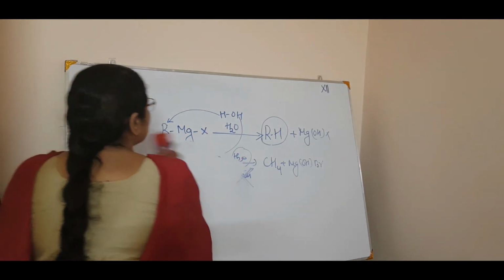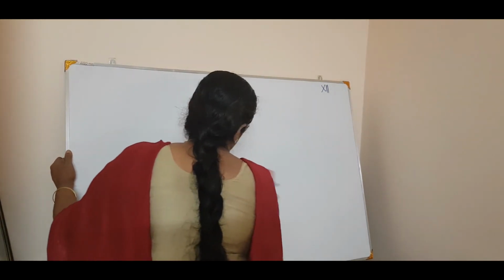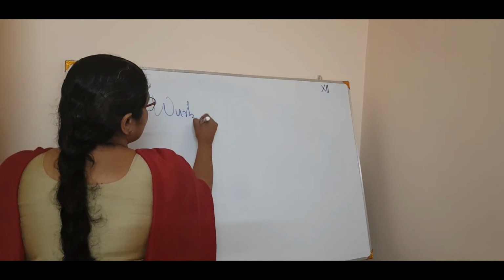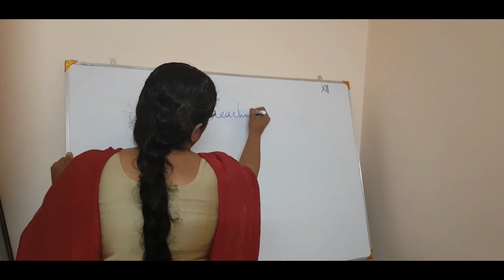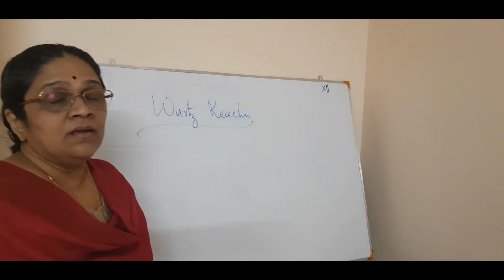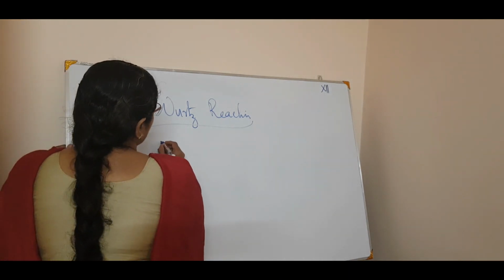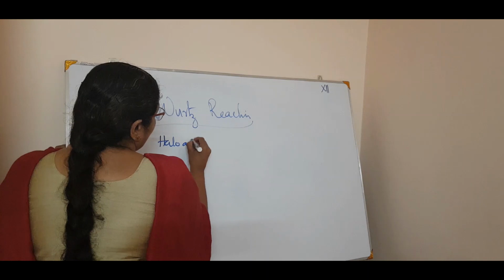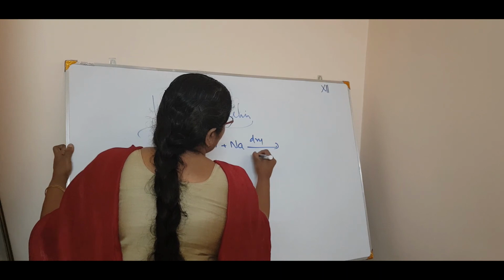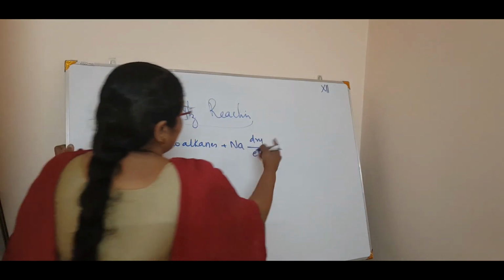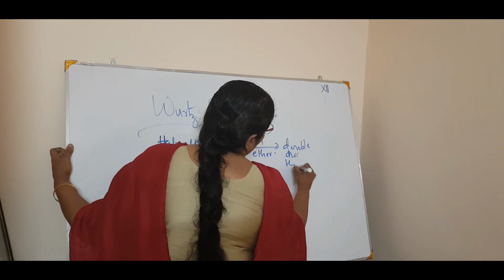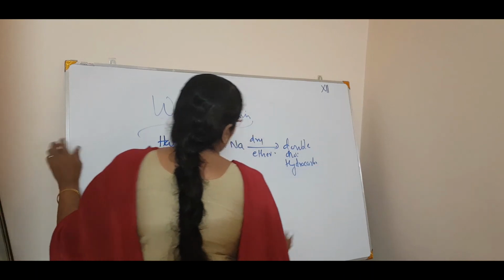And the last reaction in the nucleophilic substitution reactions of haloalkanes is the Wurtz reaction. Anyone? Wurtz reaction. In the 11th standard you have studied. What is Wurtz reaction? Okay, I will tell you. Haloalkanes when treated with sodium in dry ether, remember it, you will get a hydrocarbon with double the number of carbons.